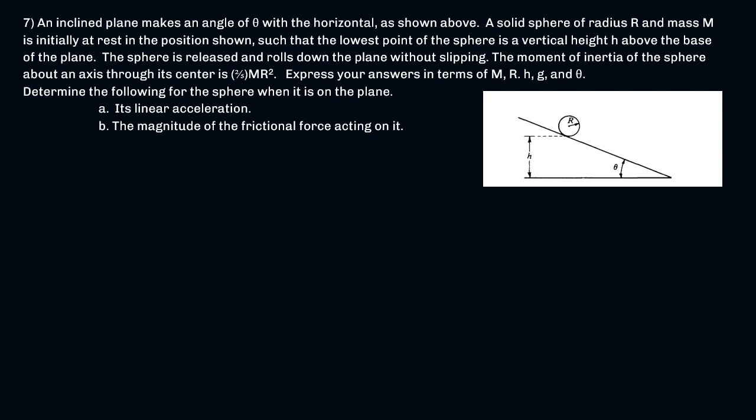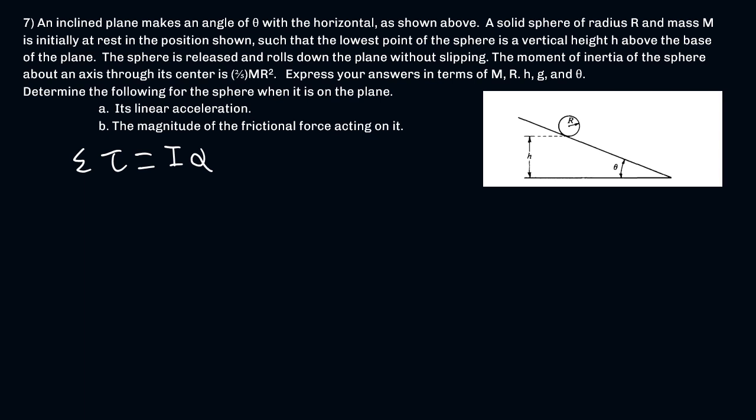So we found that the sum of all torques, we know that is the moment of inertia times the angular acceleration. What we figured out was that torque is being created by the force of friction.